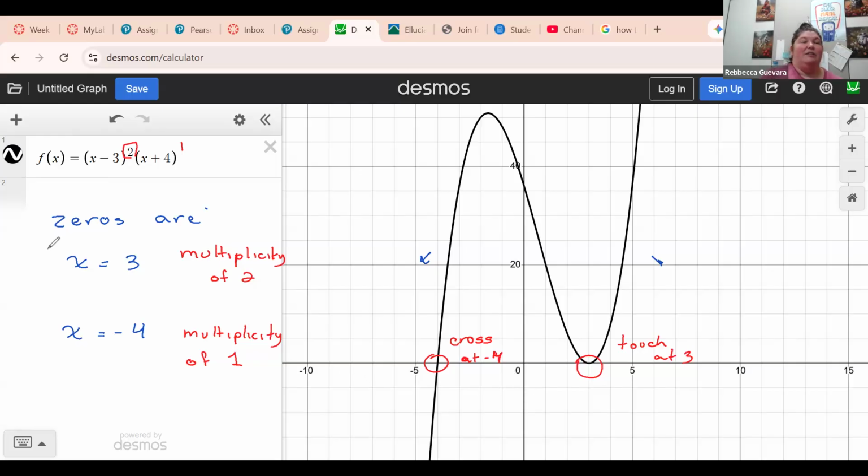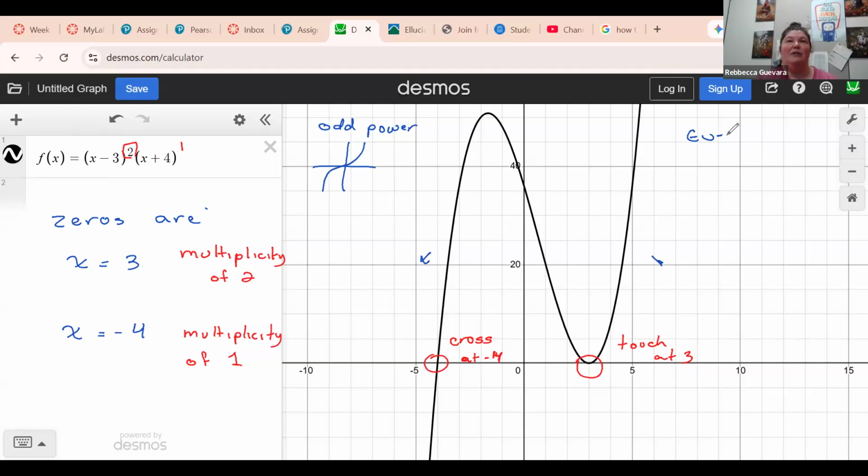So what we have here is behavior that we saw when we were talking about end behavior: when we had an odd power, then we act like a cubic. When we had odd powers, our graph would come up, cross the x-axis and keep going. So we're seeing a similar thing here.